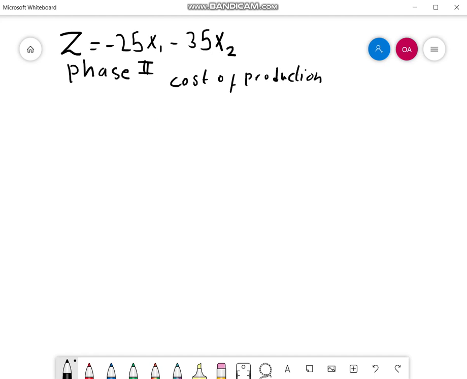So my z equation becomes as follows. I should have the decision variables on the left hand side and the quantity on the right hand side. So this is z plus 25 x1 plus 35 x2, and I shouldn't have these values, so I put in the equations which I gathered from the first phase.